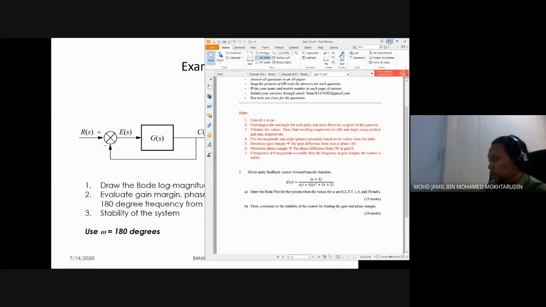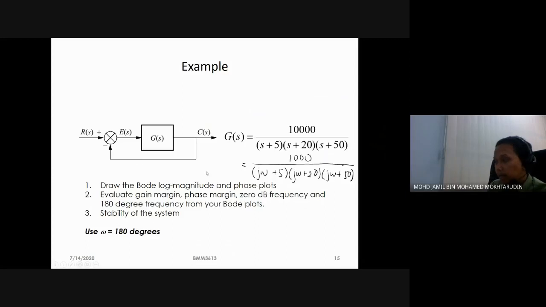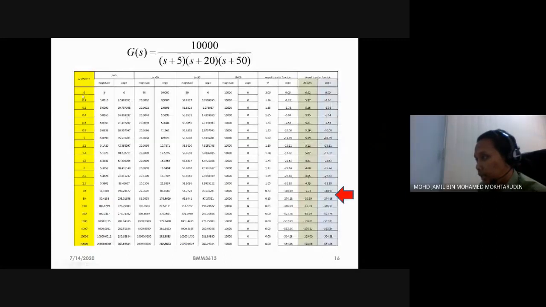If you are not given any omega, as in this example, we use a variety of values of omega. This example does omega from 0, increasing slightly, up to maybe 10,000. This is just an example.